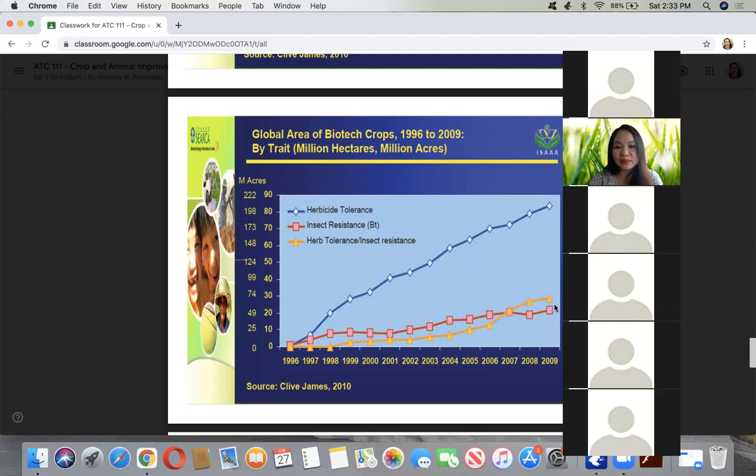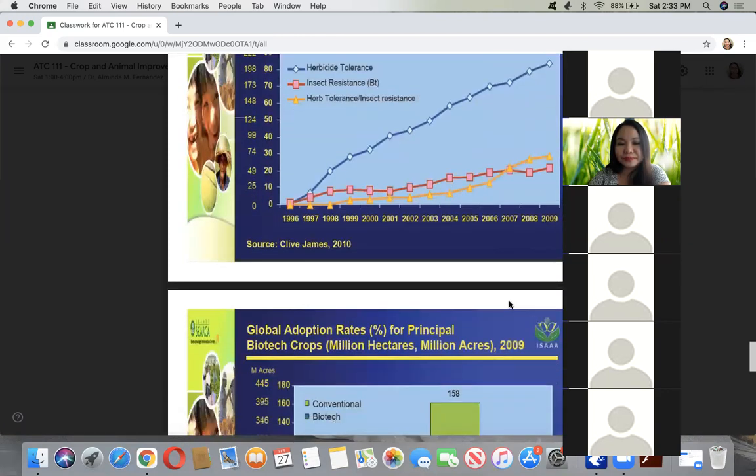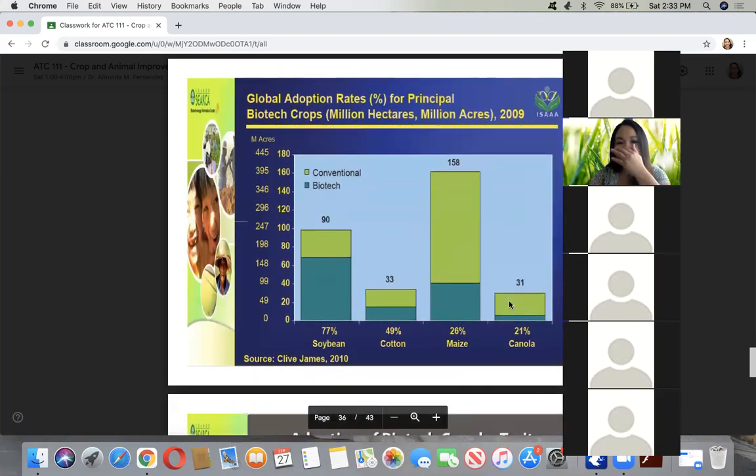But later in 2009, herbicide tolerance and insect tolerance, or resistance. So this is just to show you that, as of 2010, in the case of soybean, more people are using biotech versus conventional.